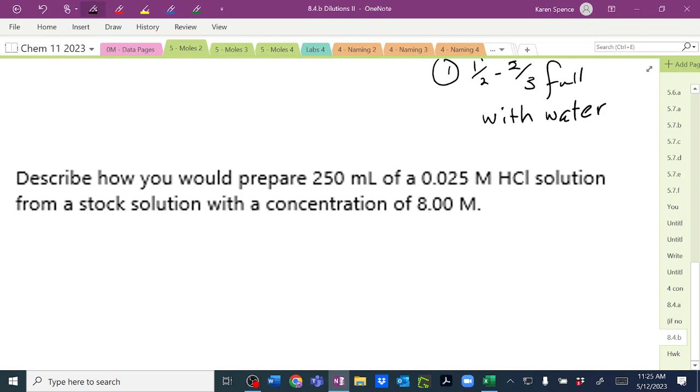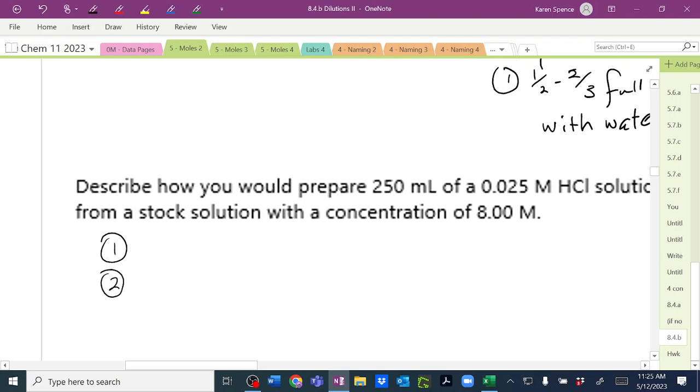And remember, steps 1 and 2 are the math steps. So start by just doing the math. Sometimes all you'll be asked to do is the math.